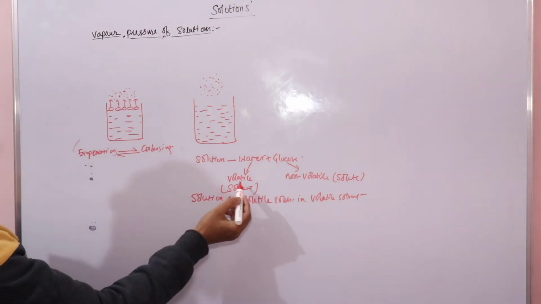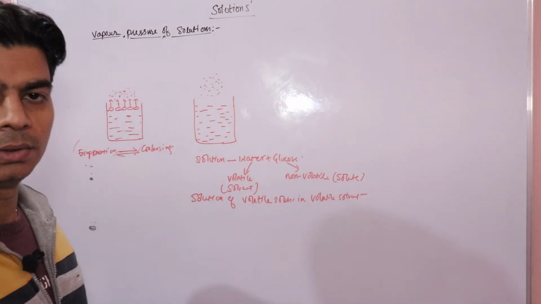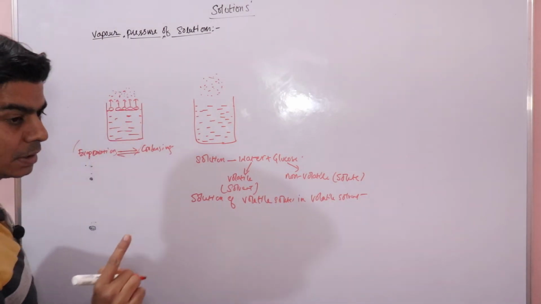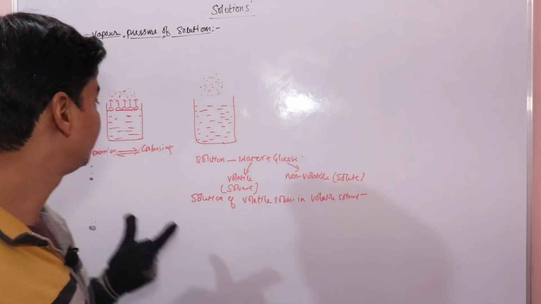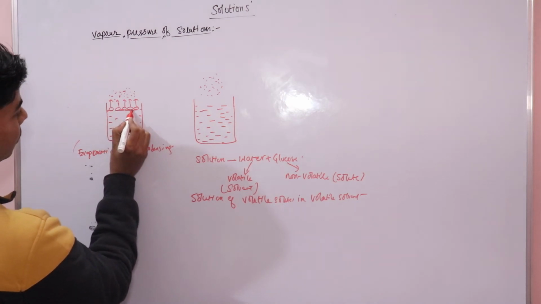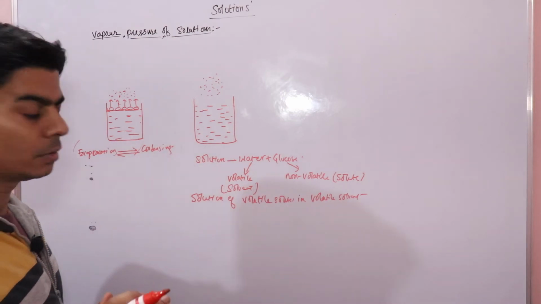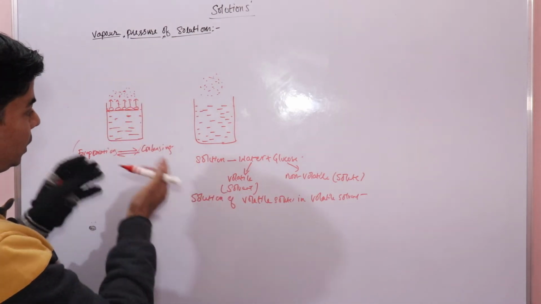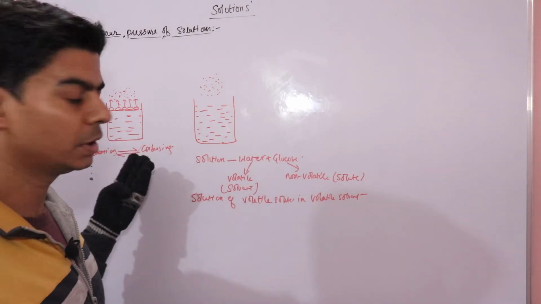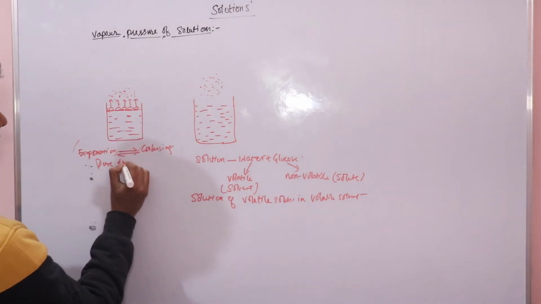Here, when this solvent is in the pure state, that is, no solute was added, we said that evaporation is a surface phenomenon, so we consider only the molecules that are at the surface. All these molecules at the surface are of solvent. Here it's only solvent, no volatile or non-volatile solute is there. So this is your pure liquid.